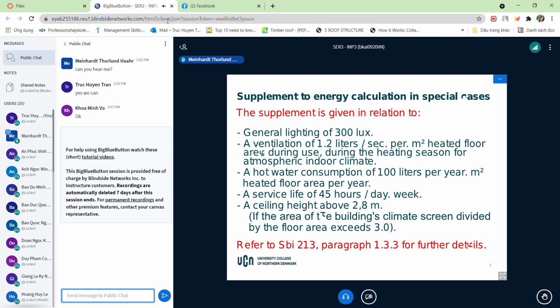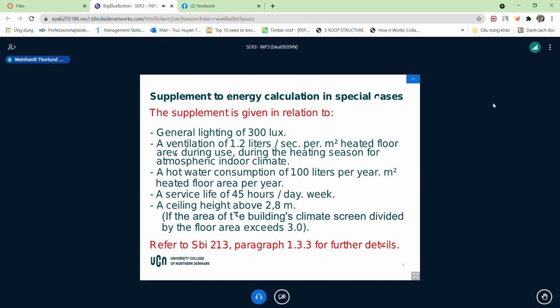So, in addition to the requirements from the building envelope, air tightness and energy calculation, we also need to look at energies.